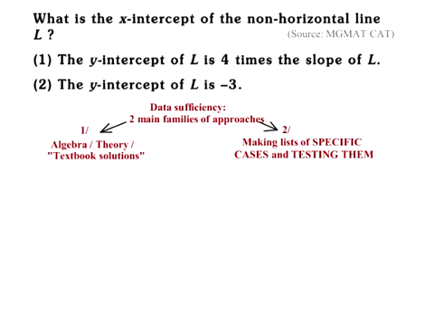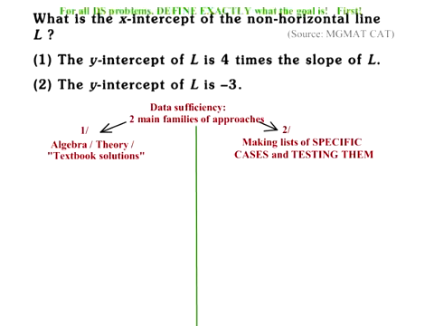So you want to know what the x-intercept is. Also make sure that before you start solving these problems, you define what the goal of the problem is in the first place. So for any data sufficiency problem, all of them, define exactly what the goal is first.